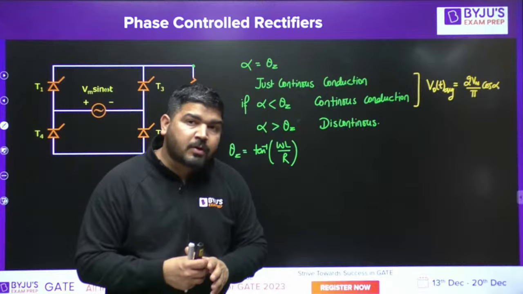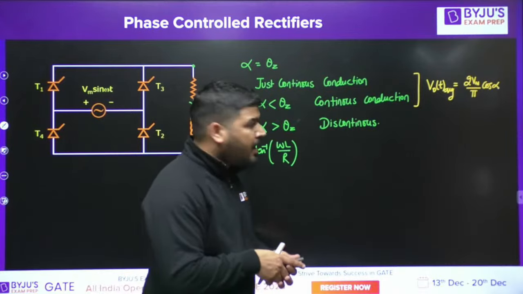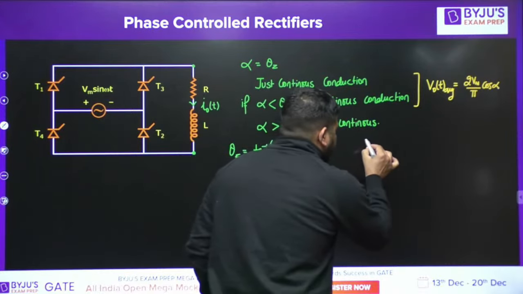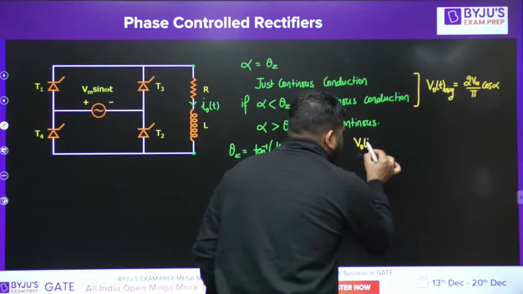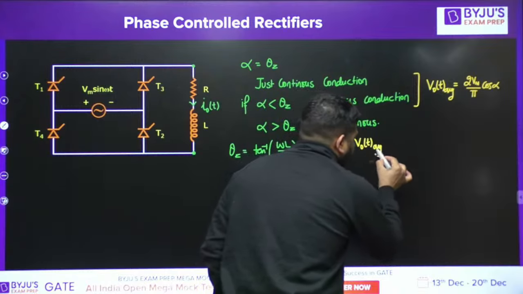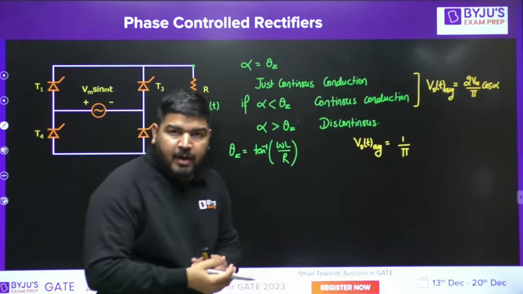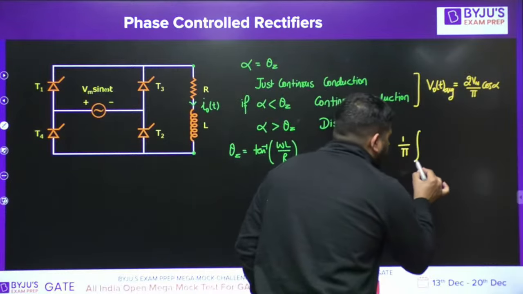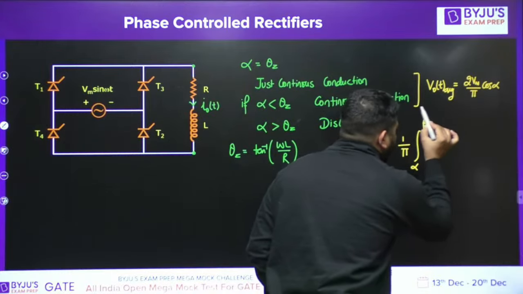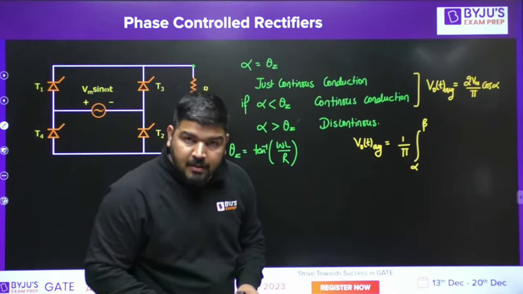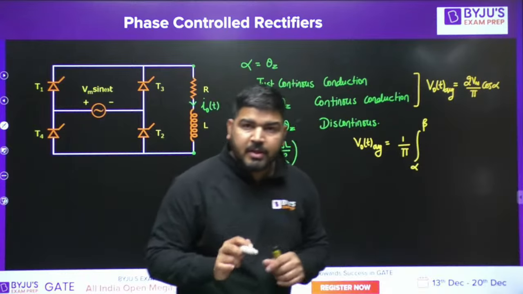What will be the average output voltage in discontinuous conduction? Let me write. In discontinuous conduction, the average output voltage will be equal to 1 upon pi, where pi is the period, times the integration from alpha to beta. Beta is measured from origin, and alpha is also measured from origin.